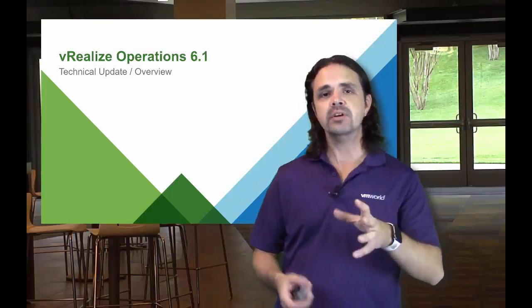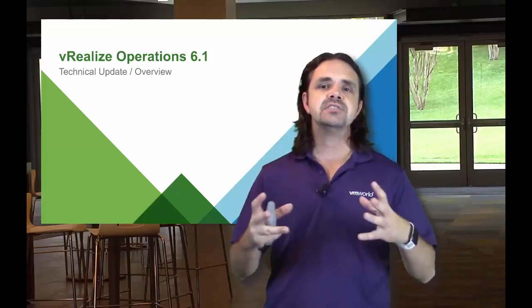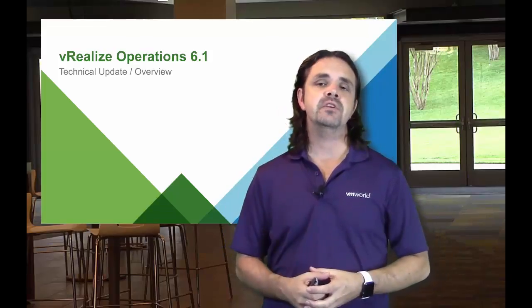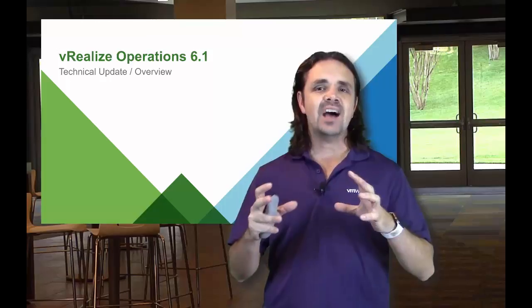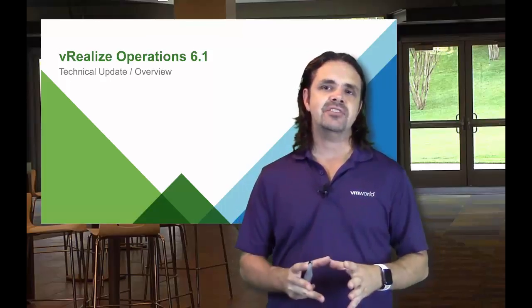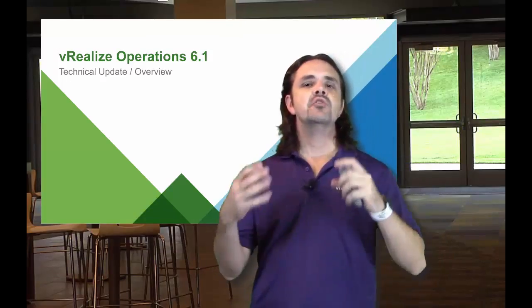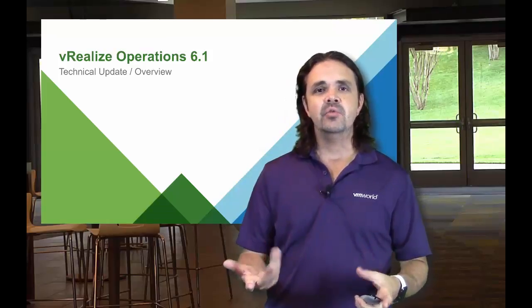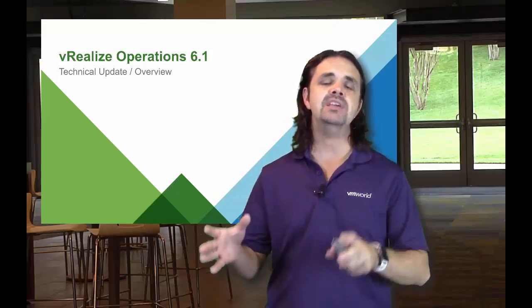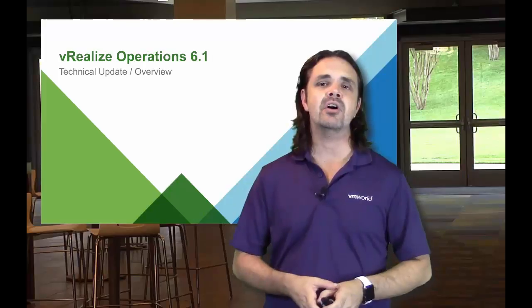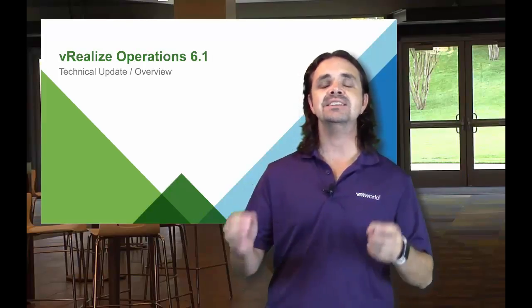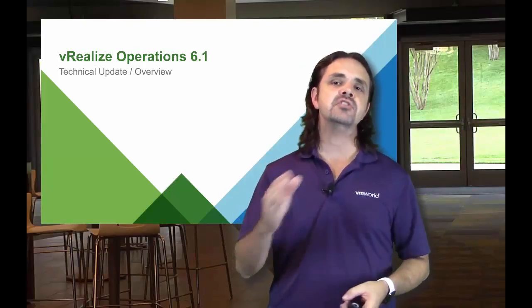Now, it's important to remember, we announced 6.1 at VMworld 2015. 6.1 is a dot release. So what does this mean? For those of you who are unfamiliar with the concept of major, minor, or dot-part development, effectively a dot release means feature or fix.